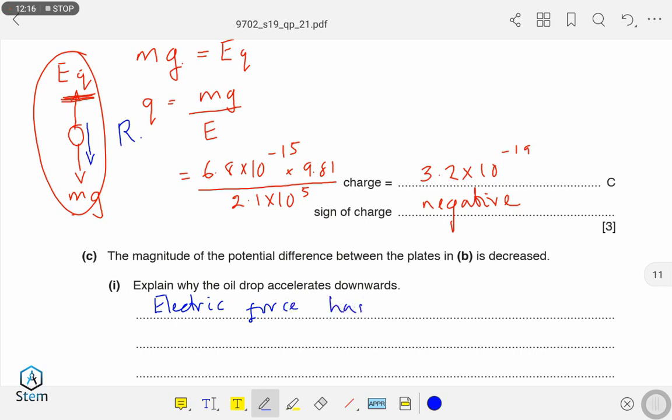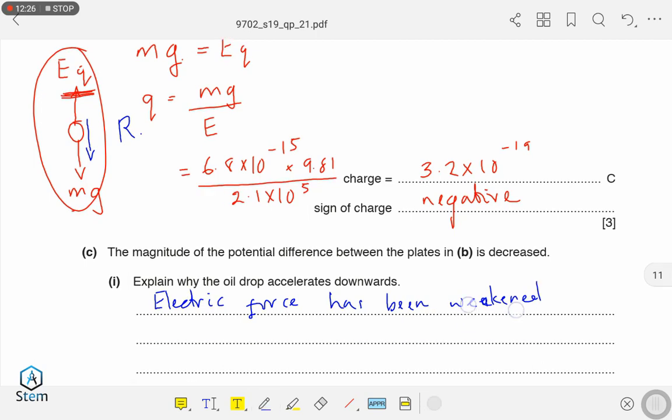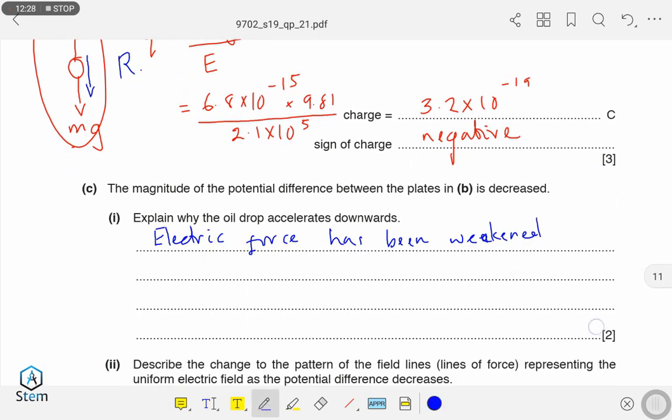So the oil droplet is going to accelerate downwards because the electric force has been weakened. These are 2 marks. We need to include another point. And the weight is now greater than the electric force.